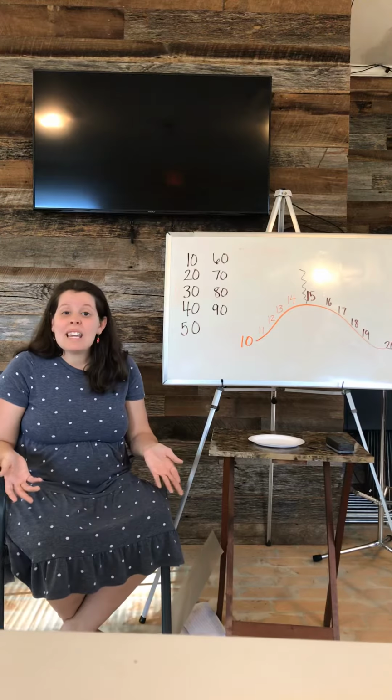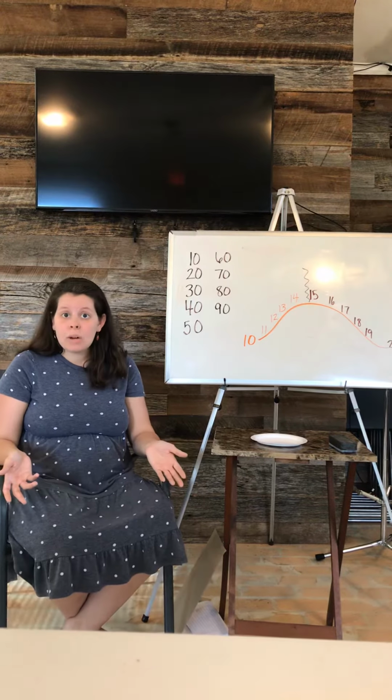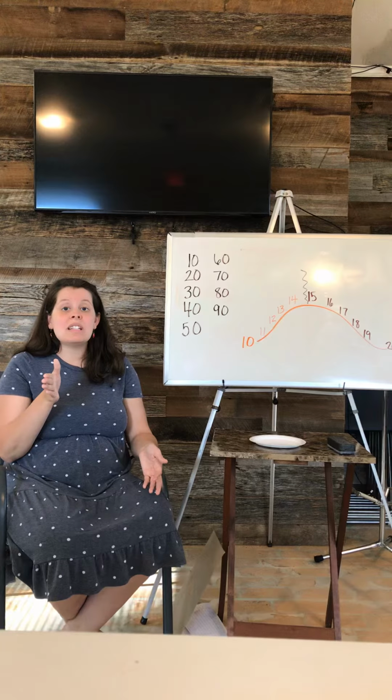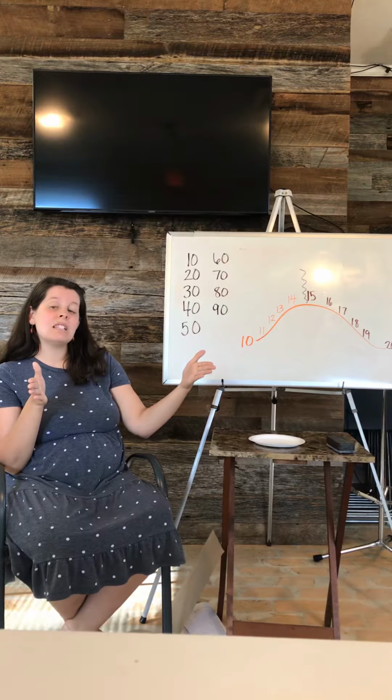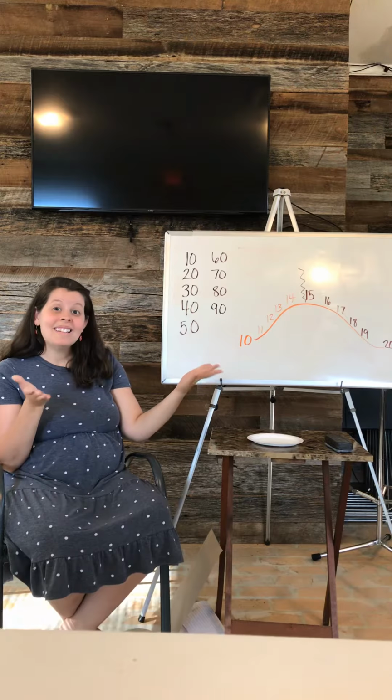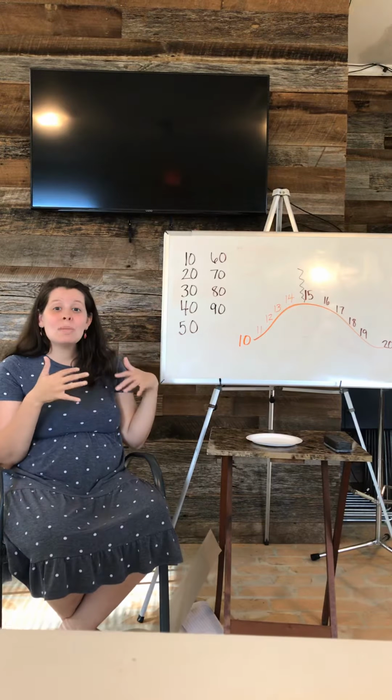So really easy, 63. Is 63 closest to 60, or is it closest to 70? Let's think about a number line. Is it going to be closer to 60 or 70? 60, right?